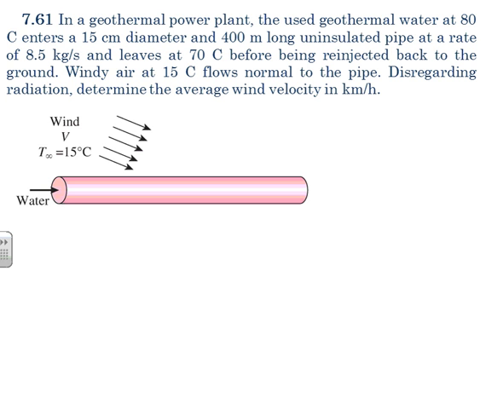Okay, so what we have here is water going into this pipe, and the average temperature at this location, I'm going to call T in, equals 80 degrees C, and it leaves at another temperature, T exit, which is 70 degrees C. And the wind is causing convection to occur, so we're going to be losing some Q out of this pipe, right?